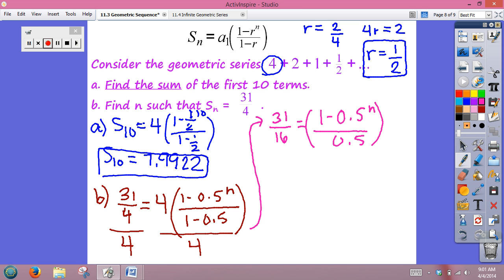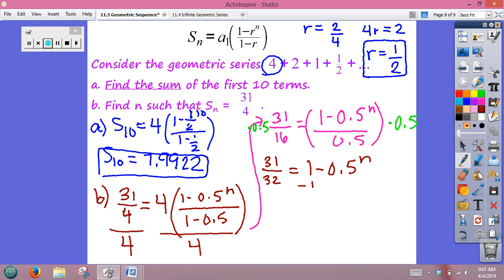Now we need to simplify this further. We're looking for n, so we need to find a way to get n all by itself. So we're going to take this side of the equation times 0.5, and this side of the equation times 0.5, which will give us 31 over 32 is equal to 1 minus 0.5 to the n.